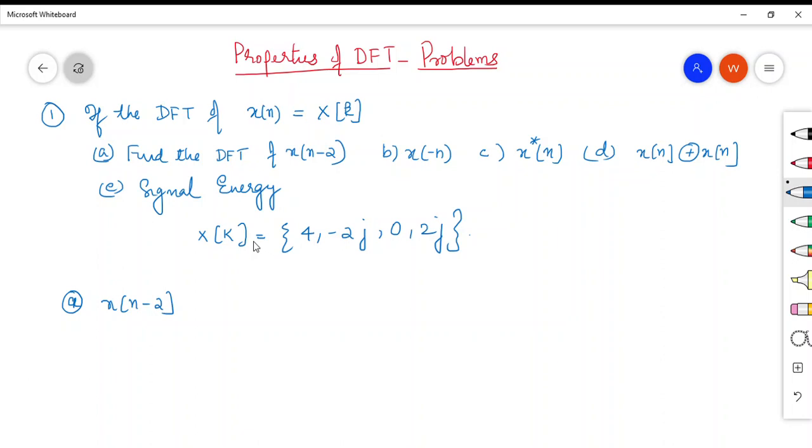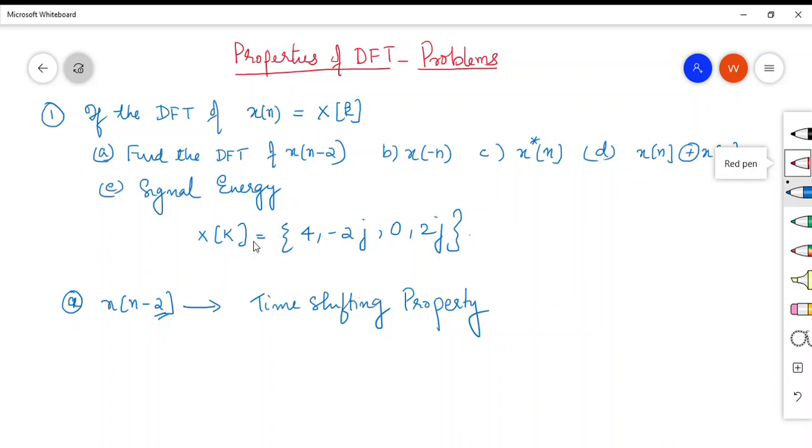When you see the signal x of n minus 2, you can immediately understand that it is based on the time shifting property. The signal is shifted by 2 units, so you just apply the time shifting property for the signal x of n. You will be getting x of n minus 2.